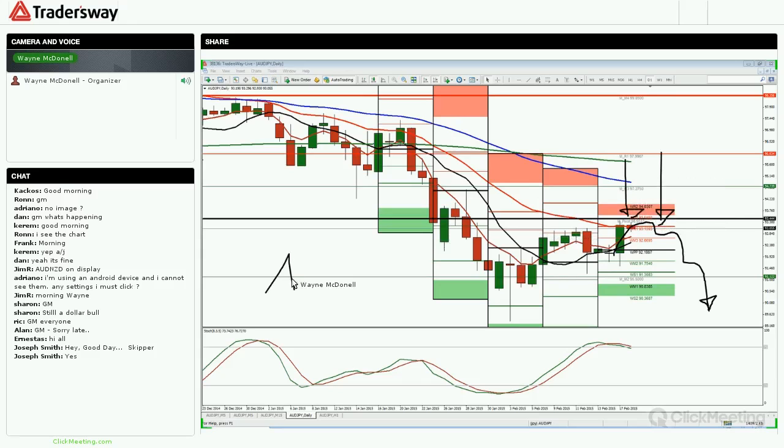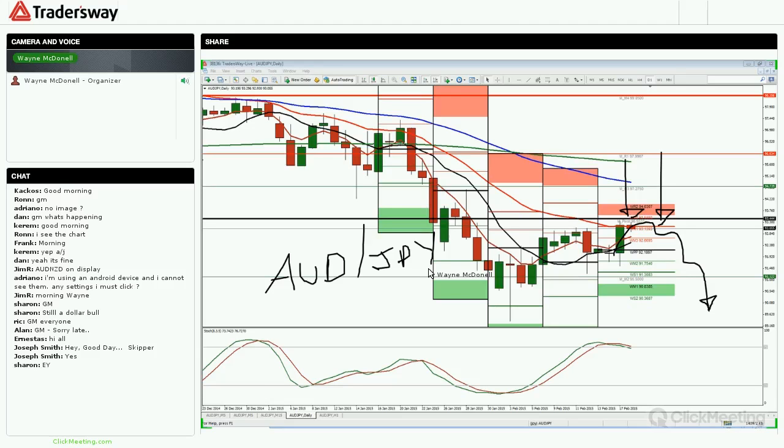Now, what if you want to sell Aussie, but you don't want to buy yen? What do you do? If Aussie yen is set to fall, is there something else that could fall more easily? Hey, good eye, Joseph.